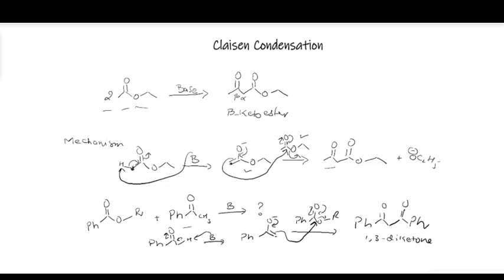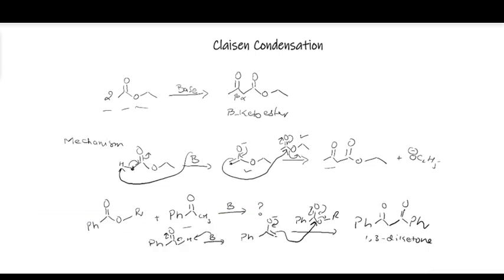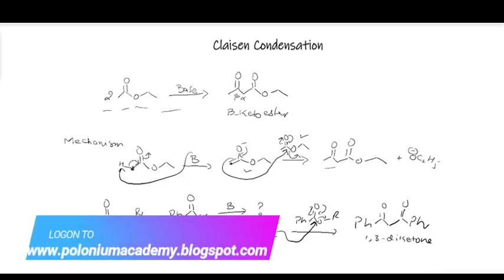If, for example, we have two ester functional groups in the same molecule and we allow it to react with a base, the same reaction will happen, but this time intramolecularly. These two reactions that we discussed are intermolecular condensation reactions.